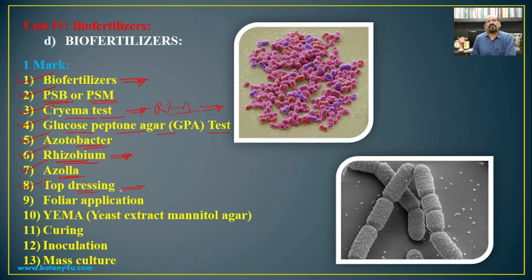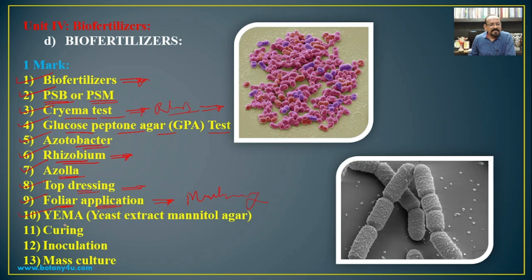Such a type of application of the microorganism is known as top dressing. Then certain microorganisms are provided directly to the leaf and hence it is known as the foliar application. Very commonly the foliar application of the microorganism is provided to the mulberry plants.